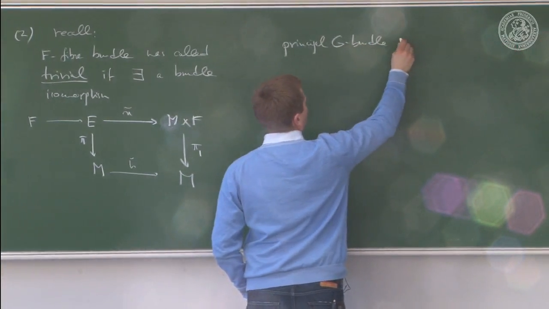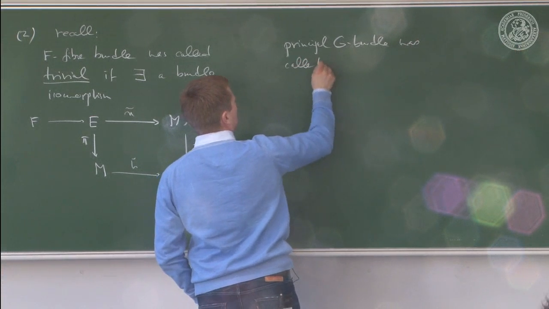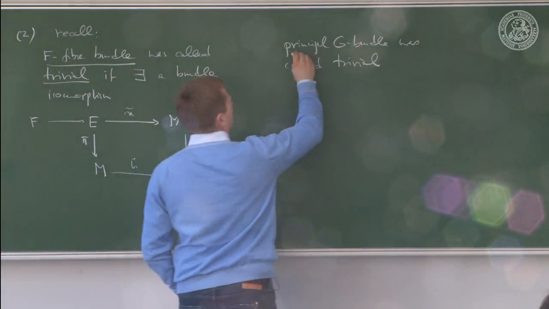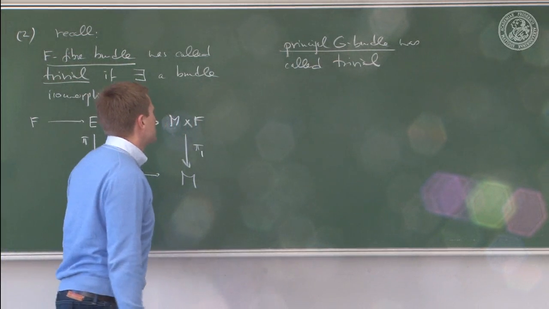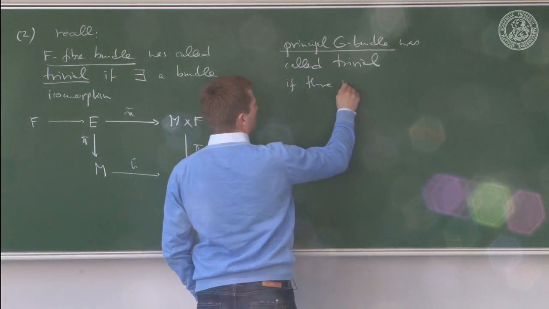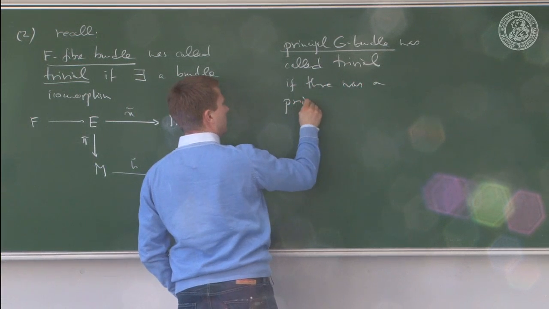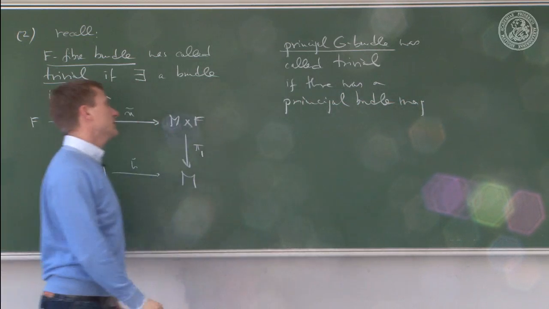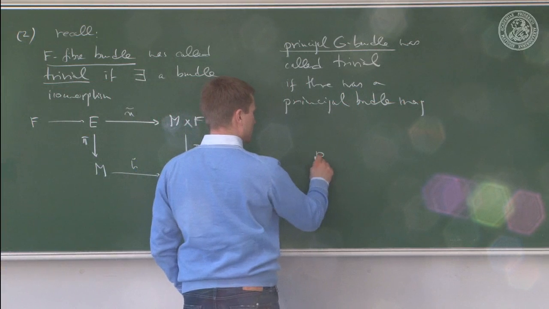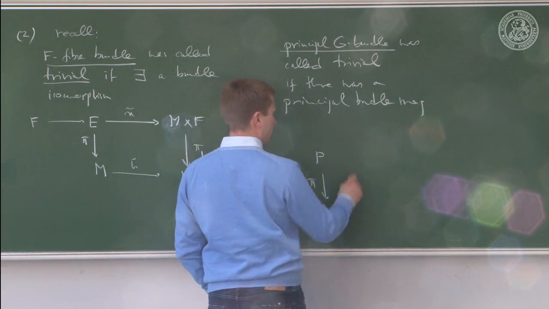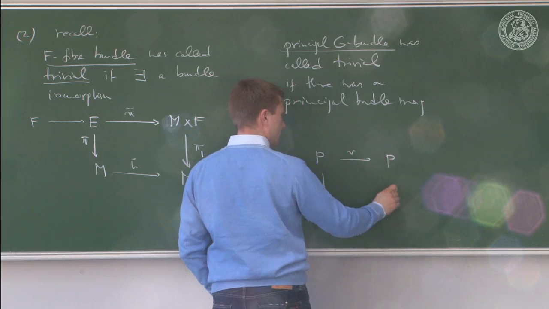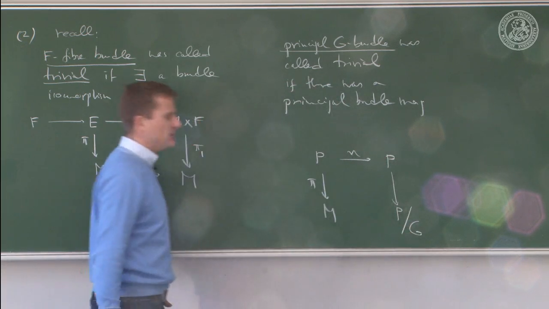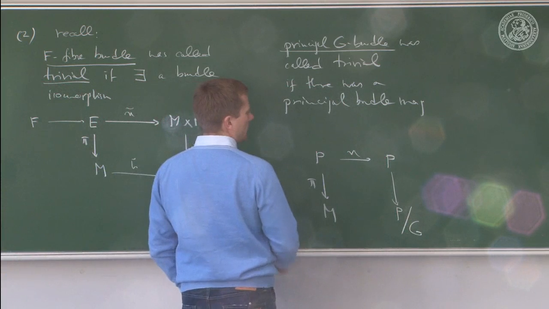G bundle was called trivial, so a principal G bundle was called trivial if there was a principal bundle map that took us from here to here with the U, and then to P mod G, where we modded out this group.